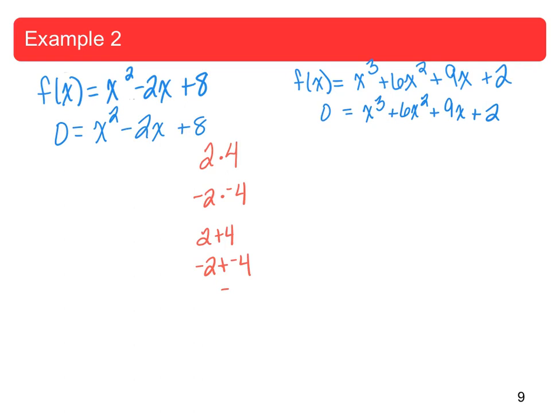In order to get negative 2, I have to have negative 4 and positive 2. But negative 4 times positive 2 does not give me positive 8.